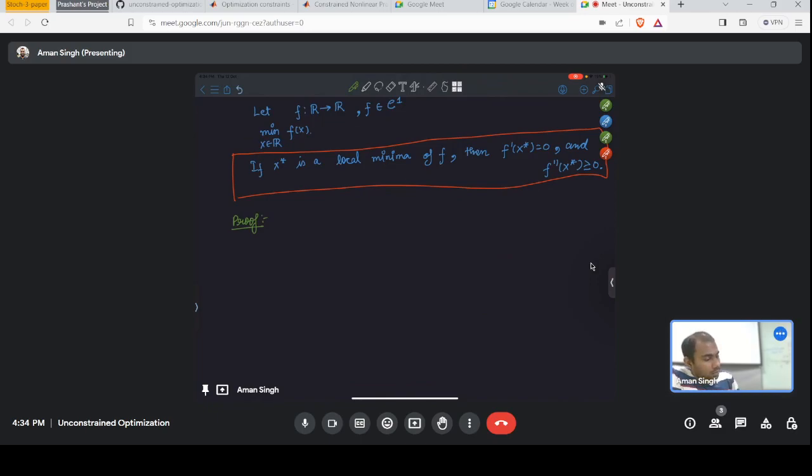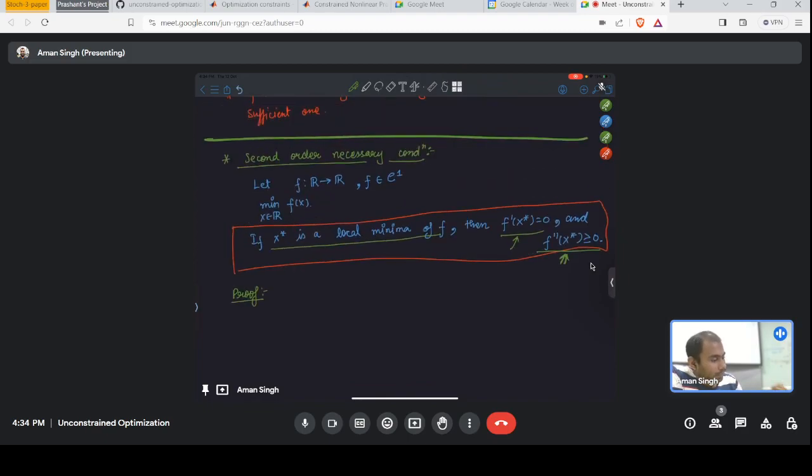So again, this is of a similar structure, some statement A and some B. Okay, so we'll not prove the statement f dash x star is equal to 0, because this we have already proven in the first order necessary conditions. We'll prove the other condition, the double derivative condition.